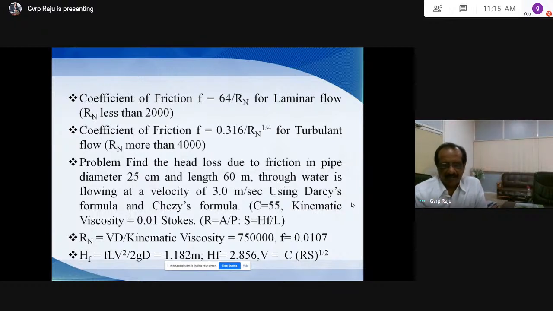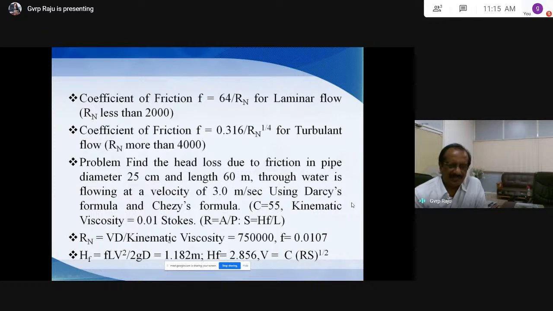Now the flow is turbulent flow, when it is more than 4000.